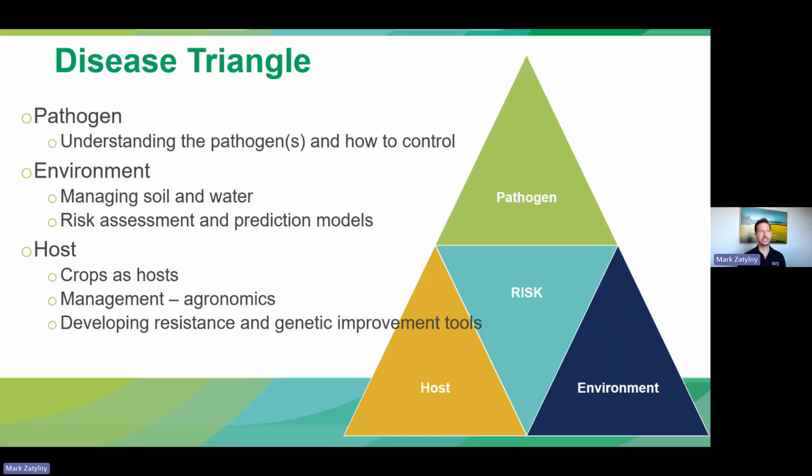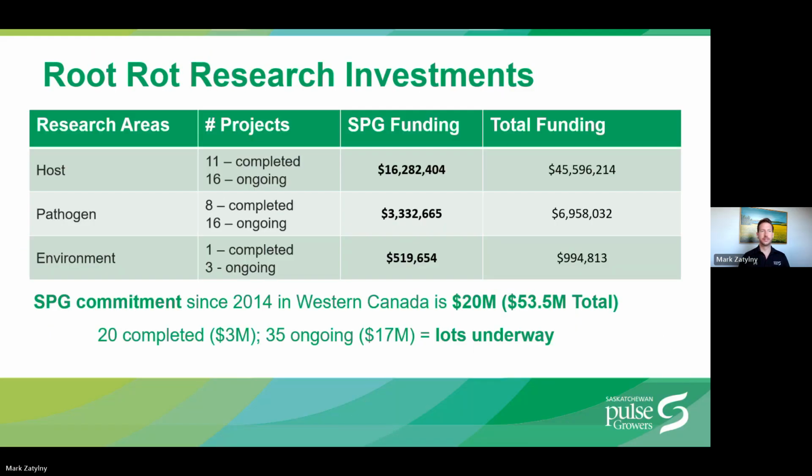Because we're talking about diseases, we can't help but talk about the disease triangle that I'm sure the majority of people will have either seen or heard about. In this next section, I'm really just going to be showing the work being done in each of these three aspects of the triangle: the pathogen, the environment, and the host.